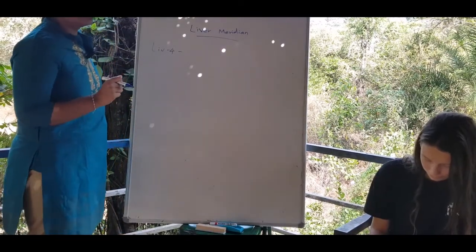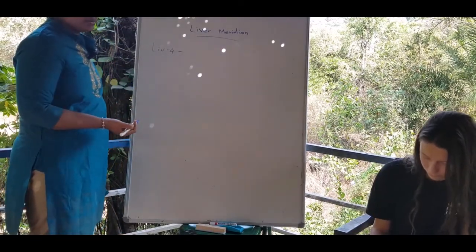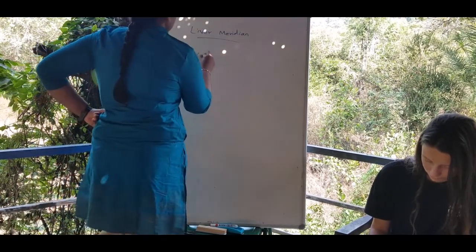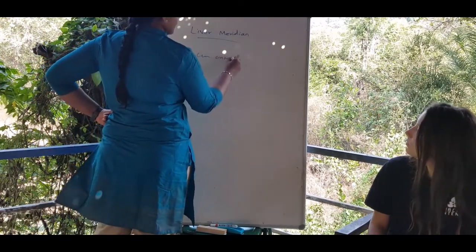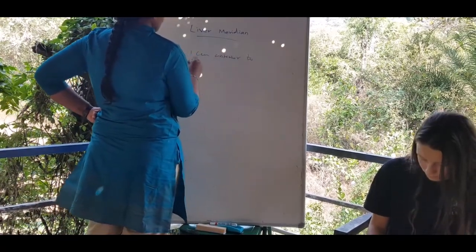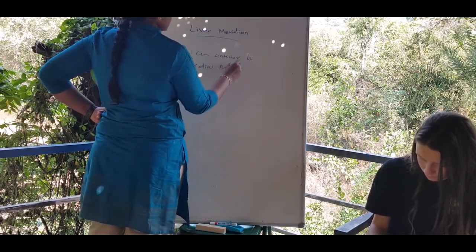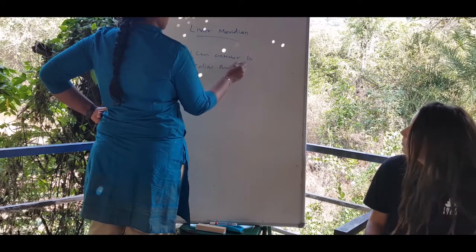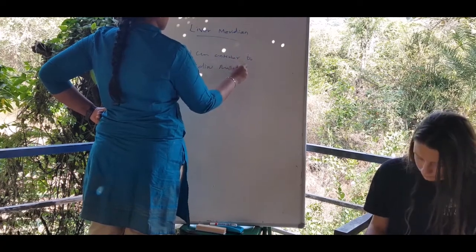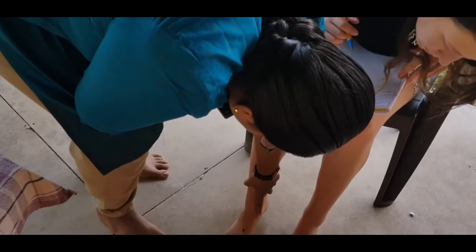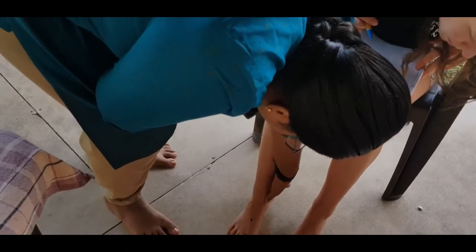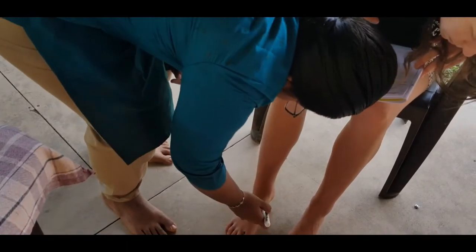1 tune anterior to the medial malleolus. Taking one tune from the medial malleolus, liver 4 is located here.